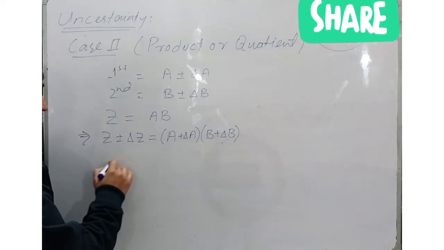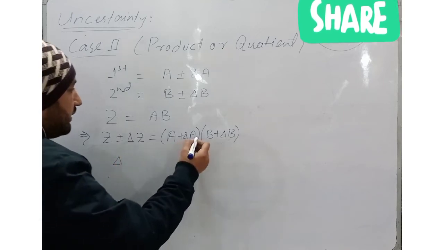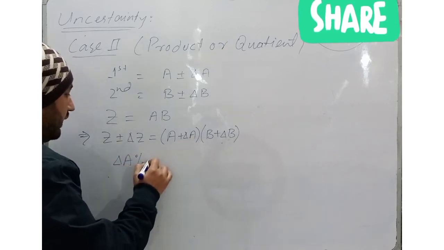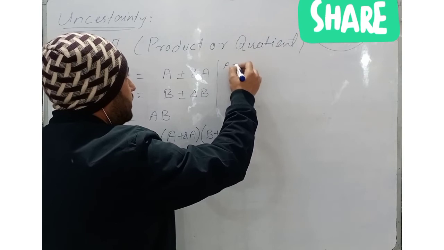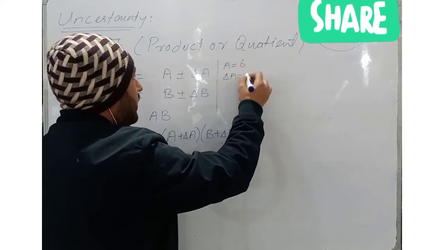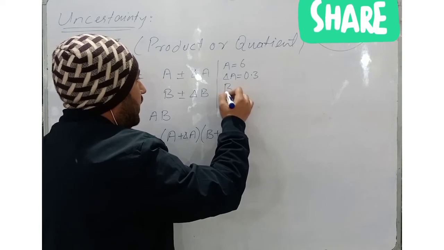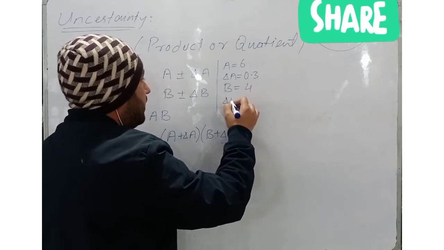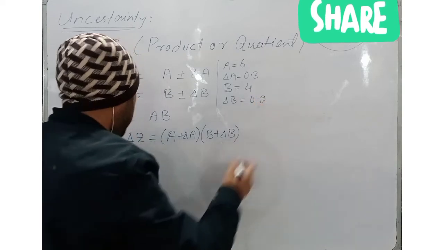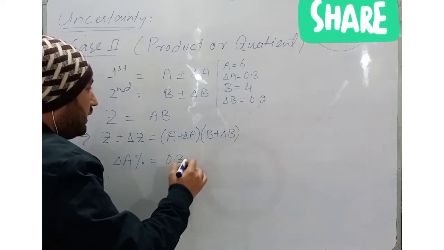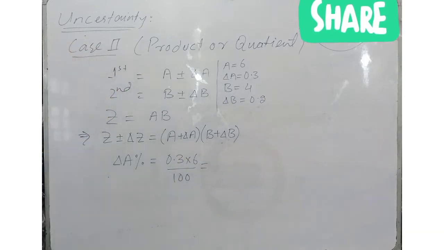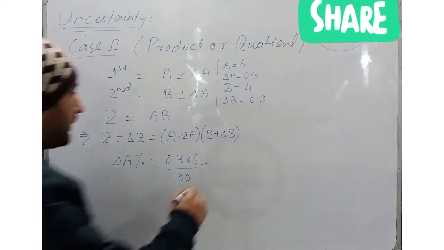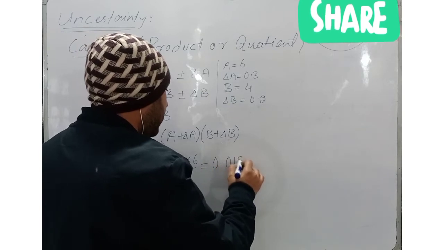So the percentage uncertainty in A, we can take the same example: A is equal to 6, delta A is equal to 0.3, B is equal to 4, delta B is equal to 0.2. So it would be 0.3 divided by 6. Once we perform the calculation, we get 0.05.